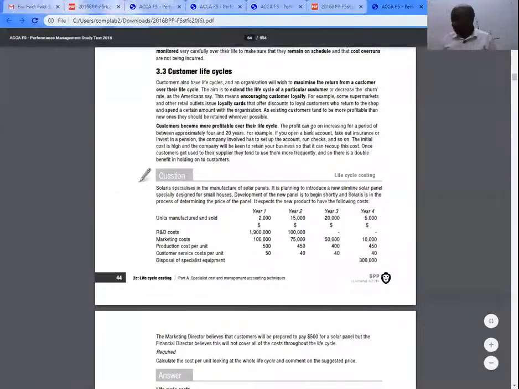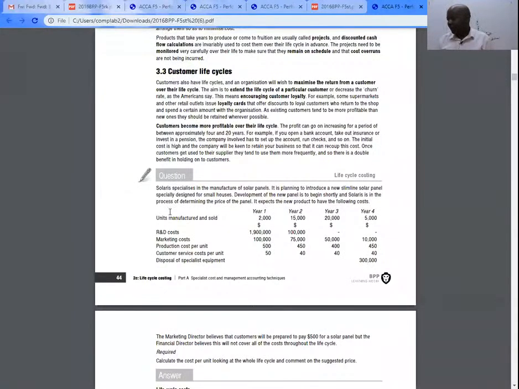Very easy. So you can see here they're telling us Solaris specializes in whatever. Units manufactured and sold, year 1, 2,000 units, year 2, 15,000 units, year 3, 20,000, and year 4, 5,000. So it will be very important for you to underscore the quantity.